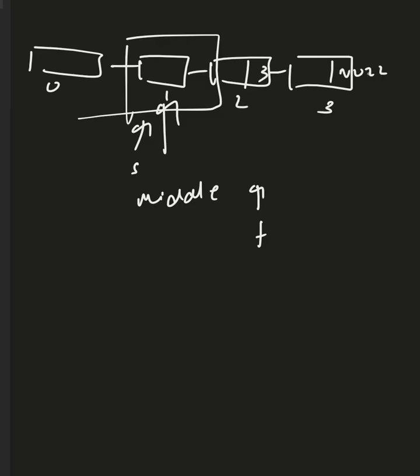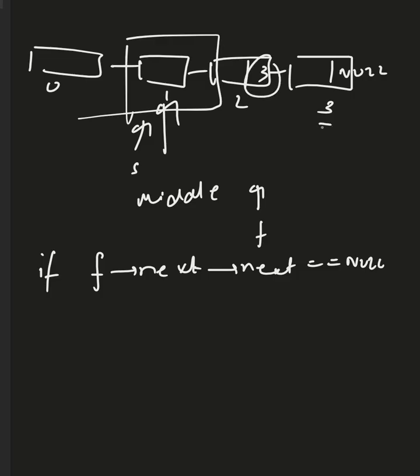Now here the condition is going to be: if fast dot next is equal to null. How is this working? Fast dot next is 3 and the next of 3 is null. So if fast is at its second last element, then it will know that this is an even numbered linked list and we will get the first middle.